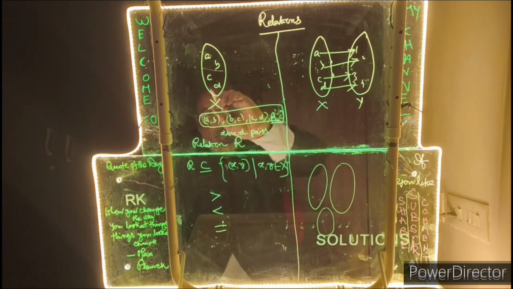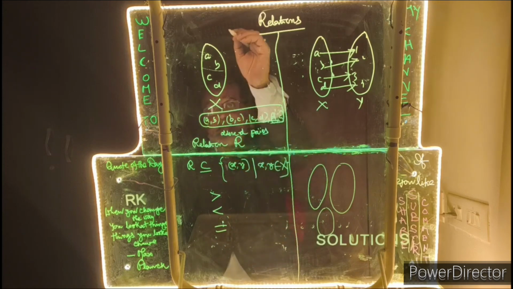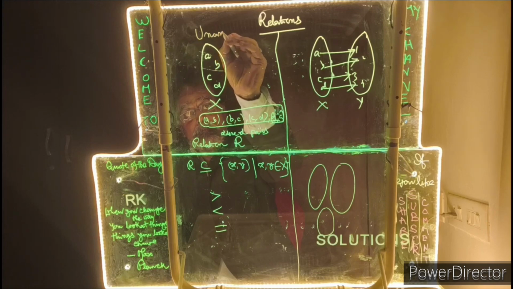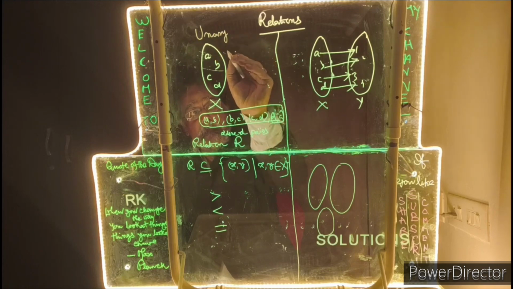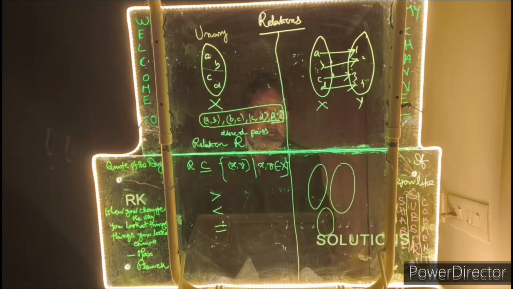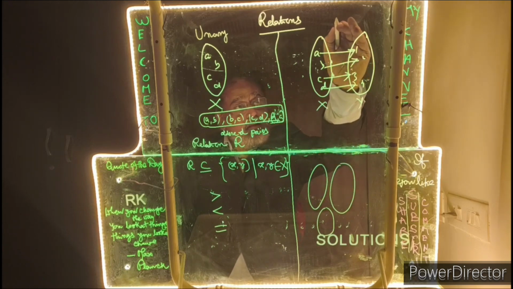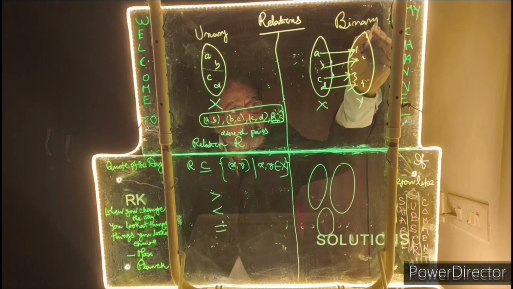So, what we call this is unary relation. If there are two sets involved, then we call this binary relation.